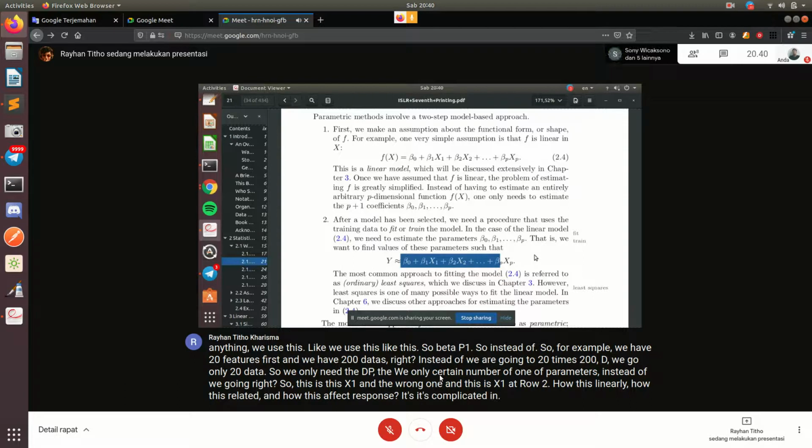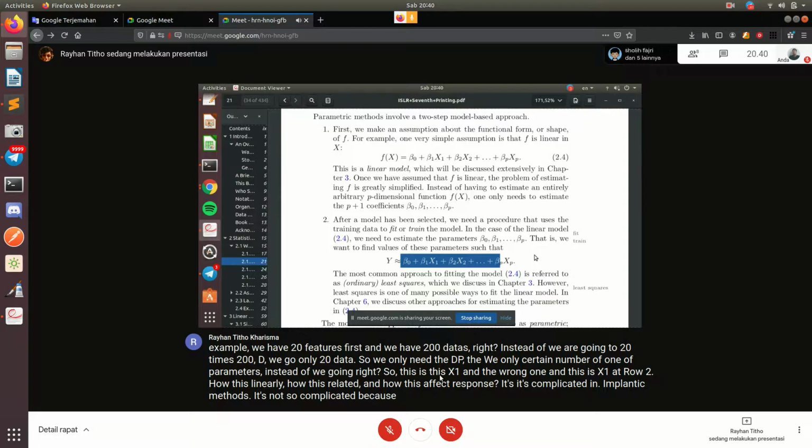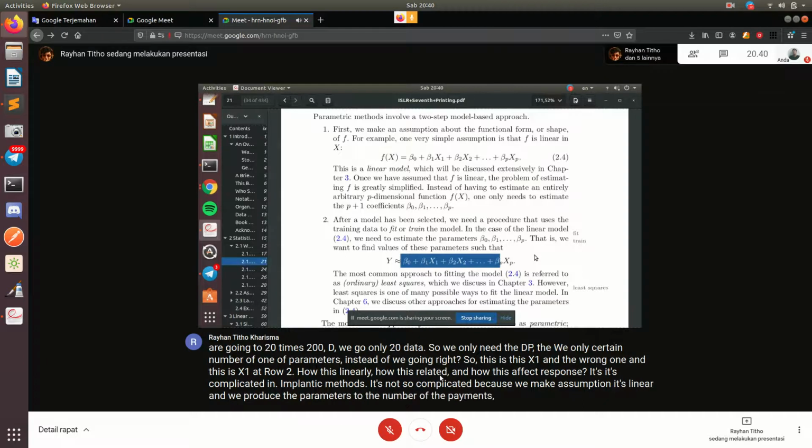In parametric methods it's not so complicated because we assume it's linear and reduce the parameters to the number of dimensions.